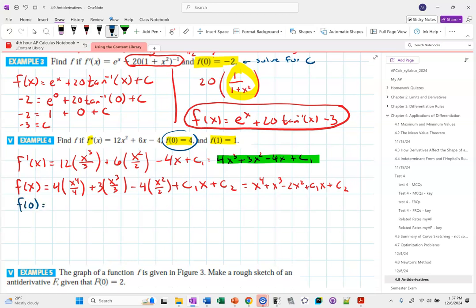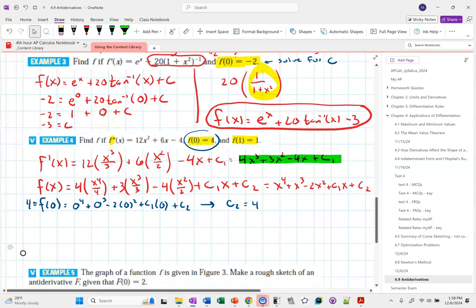So f of 0 is going to be 4, which is 0 to the 4th plus 0 cubed minus 2 times 0 squared plus c1 times 0 plus c2. What's that going to tell me then? C2 is equal to 4.